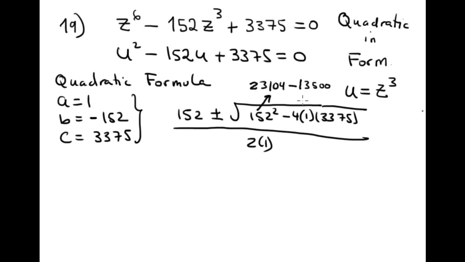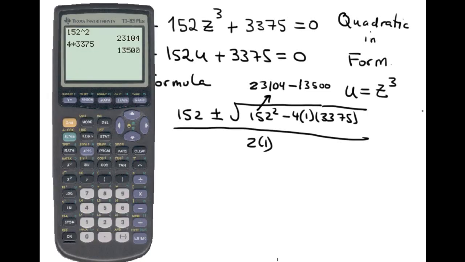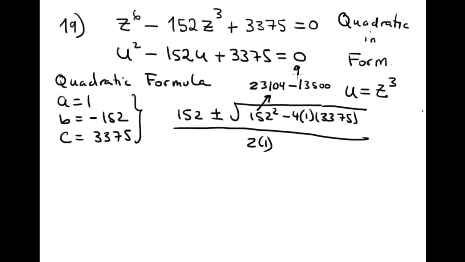Now subtraction. 23,104 minus 13,500 is 9,604. Okay, so far we have 152 plus or minus the square root of 9,604, divided by 2.